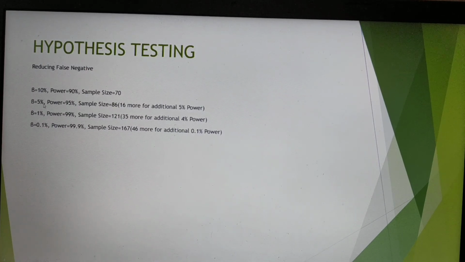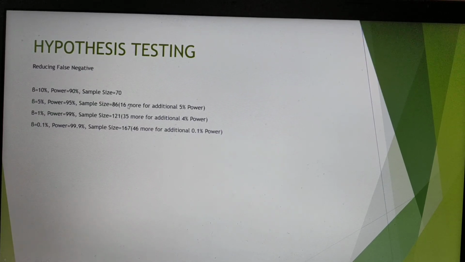And then we go for beta is equal to 1, so power changes to 99%, the sample size increases to 121. See, for 5% there were 16 more readings required. Now for 4%, 35 more readings are required.